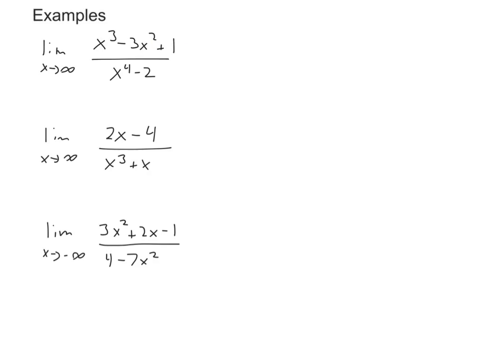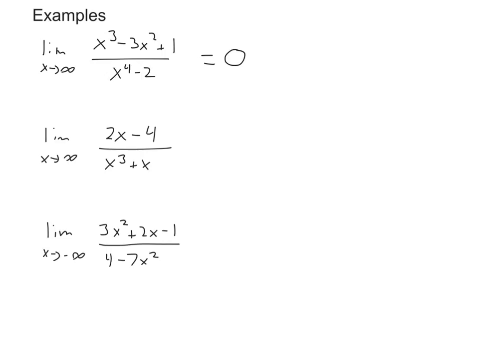The degree of the denominator is 4, because that is the highest power of x we see in the denominator. So in this case, the degree of the numerator is less than the degree of the denominator. So for this particular problem, this limit is going to equal 0.